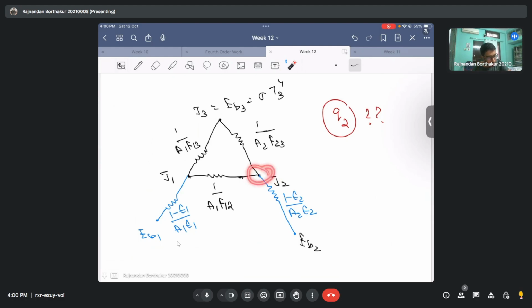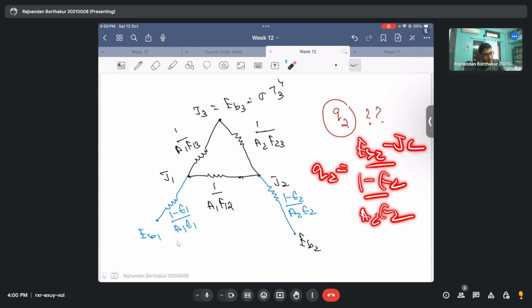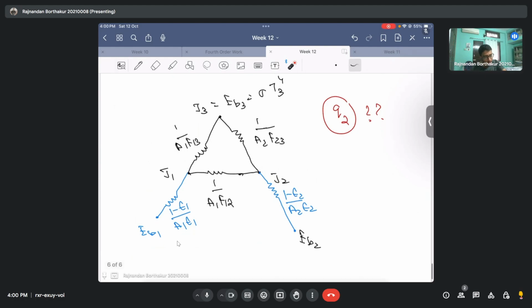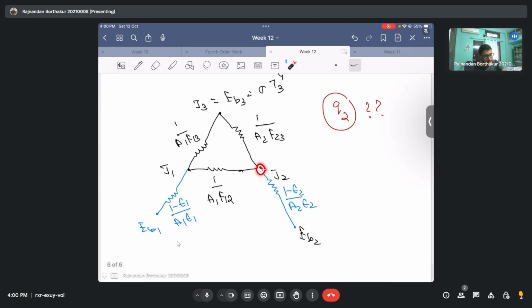Once you know J2, we will use the fact that Q2 is EB2 minus J2 divided by (1 minus epsilon 2) by A2 epsilon 2. Because I know the radiosity, the net radiation exchange is just the difference between these two nodes divided by the resistance. That's it.